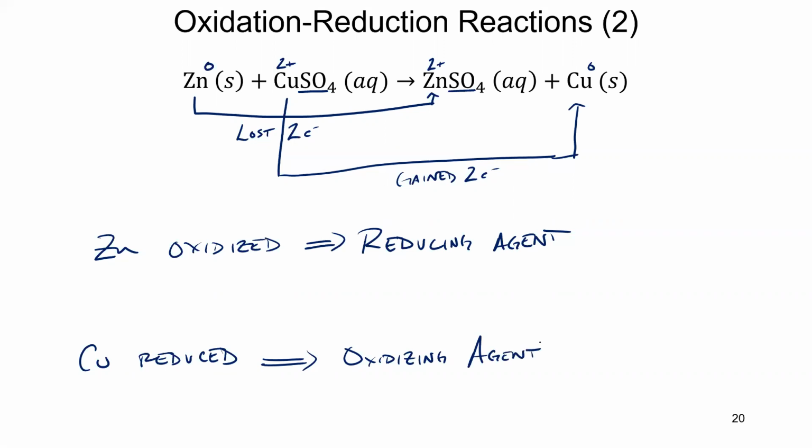Right? Those seem a little bit backwards, but just think about it as the thing that does the oxidation to another compound is the oxidizing agent. And so the copper oxidizes zinc, and so the copper is the oxidizing agent. Zinc reduces copper. Zinc is the reducing agent, even though in the process, zinc gets oxidized.